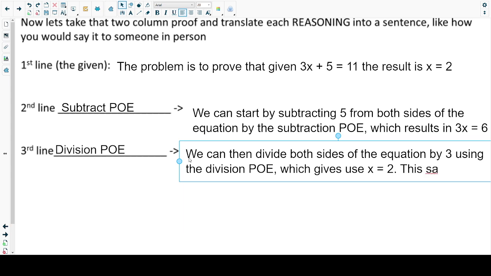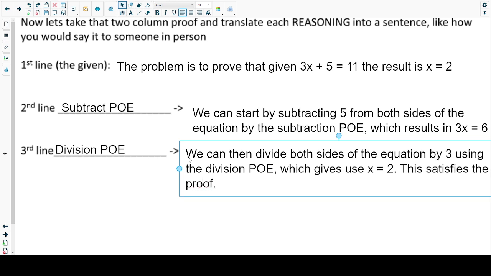This satisfies the proof. Or if you want to be fancy, you can say QED, or you can actually type out or write out the Latin words if you know what they are. If you don't, you can ask your Latin teacher. But this is how you would simply put these sentences together, which we'll do in a second, and that would make your paragraph proof.